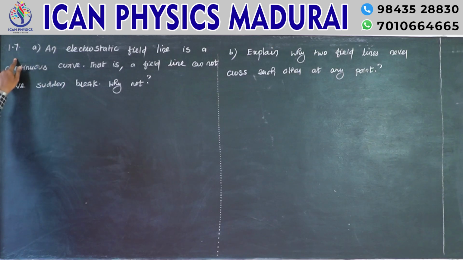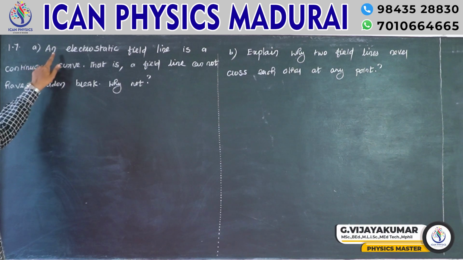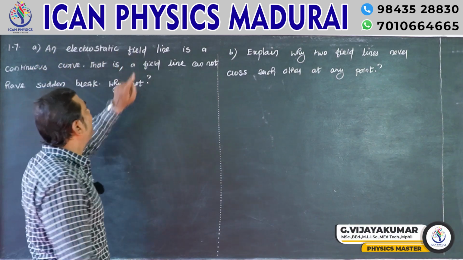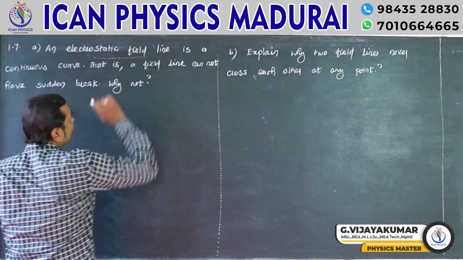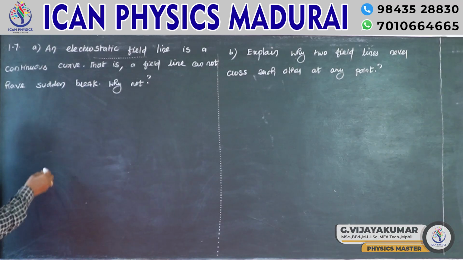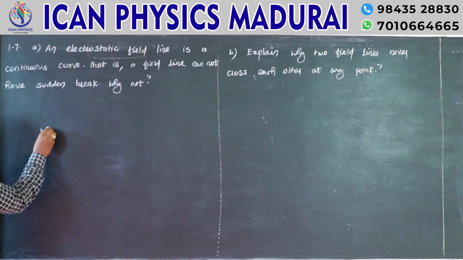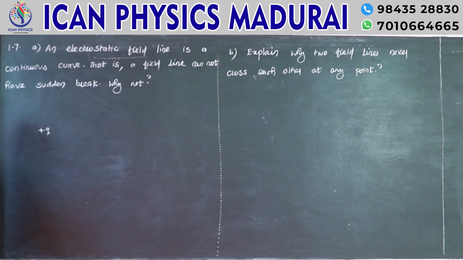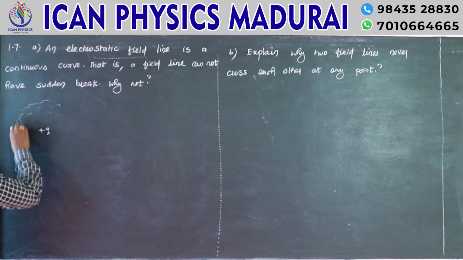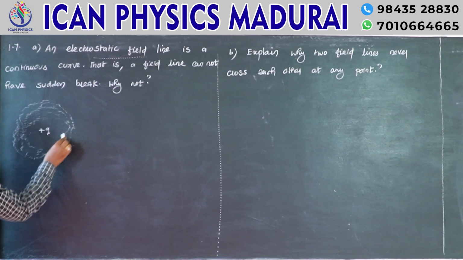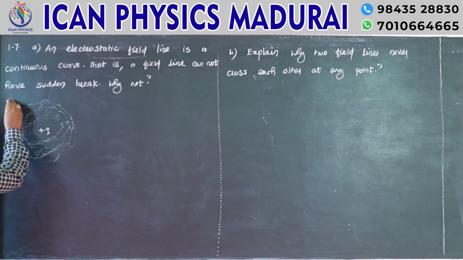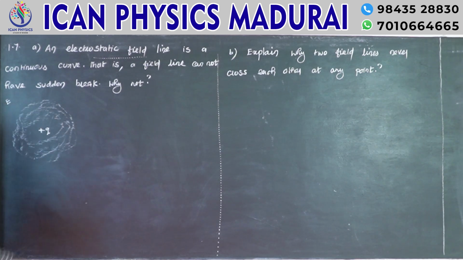So, the 1.7. First question. An electrostatic field. So, what is electrostatic field? That is electric field. So, let us consider a positive charge. The space around the charge where its influence is felt is called the electric field.